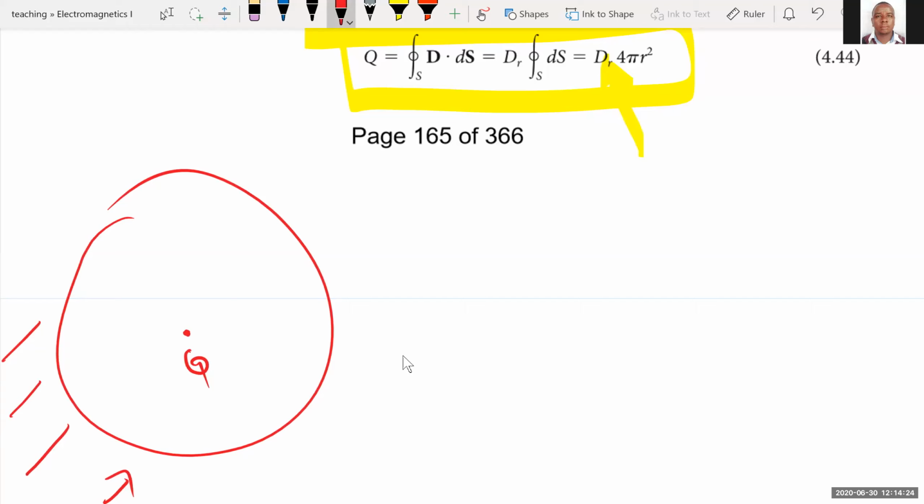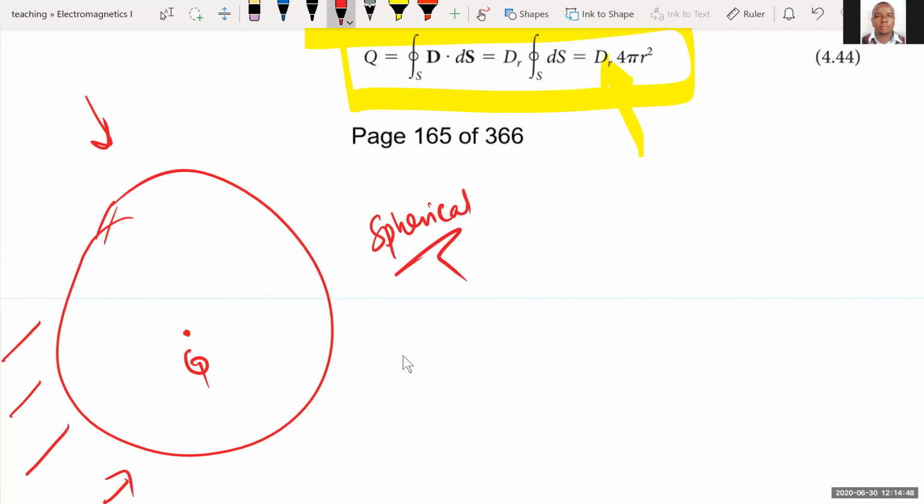Therefore, if I want to find a Gaussian surface, the best Gaussian surface that would describe the flux density flowing through a surface enclosing a point charge is spherical.